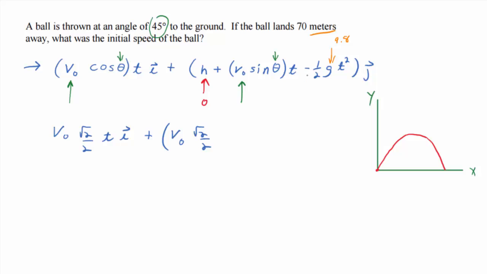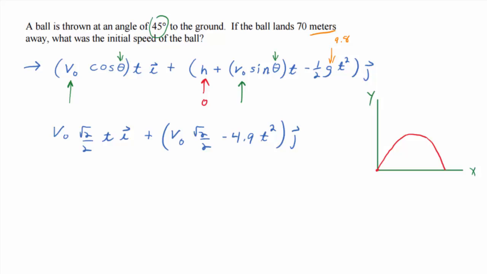That's the acceleration due to gravity in the metric system. Multiply by 1/2 and you get minus 4.9 t squared times j.